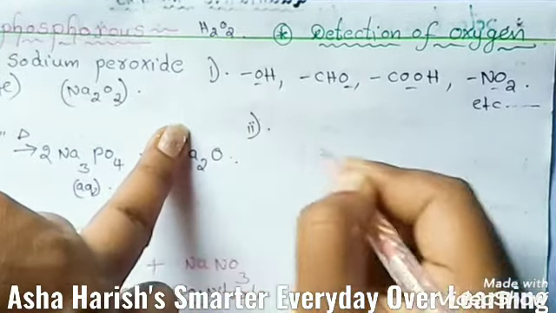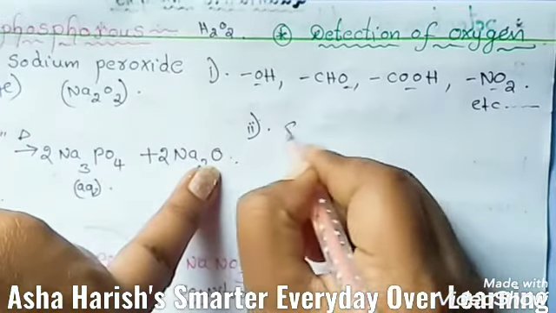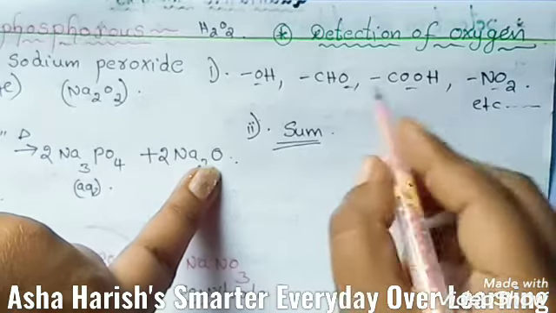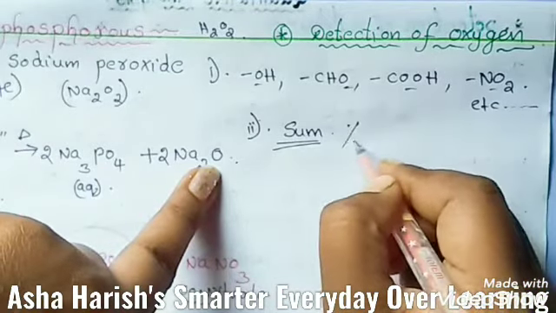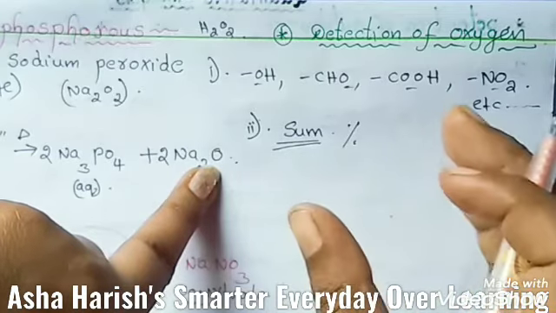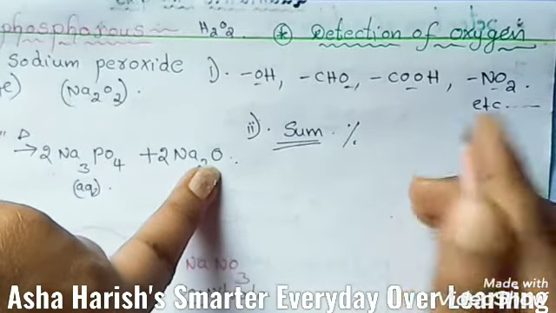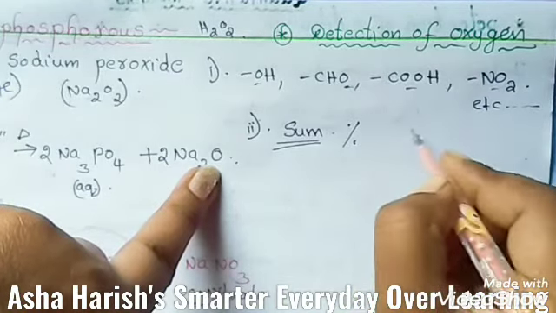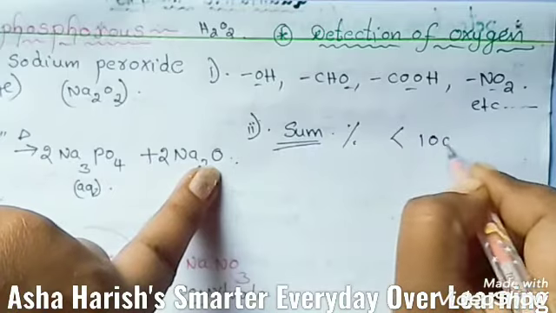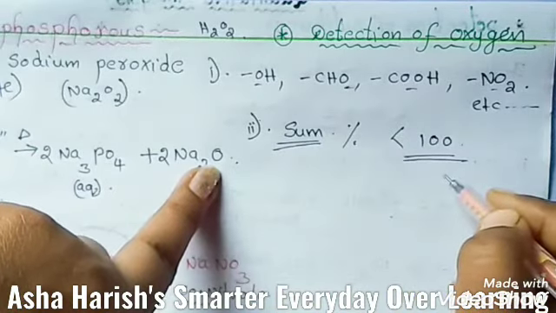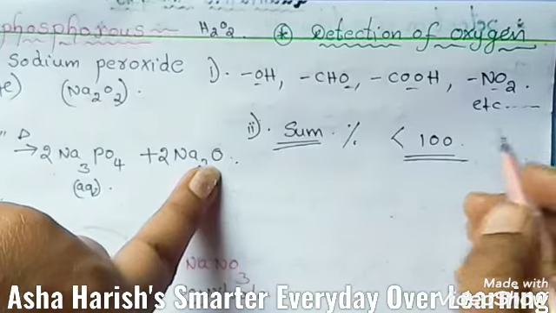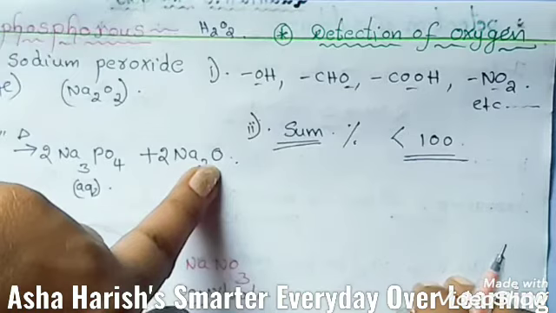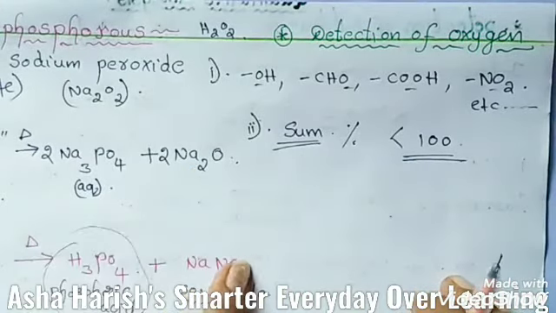Number 2: if the sum of the percentages of the various elements present in the given compound, as determined by known methods, comes out to be less than 100, then the presence of oxygen is indicated, and the difference is taken to be equal to the percentage of oxygen in the compound.